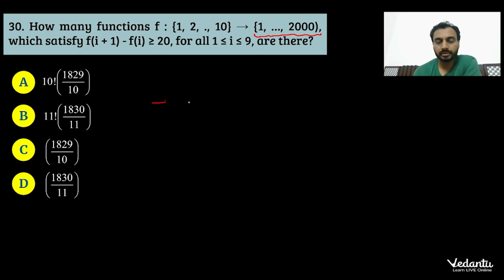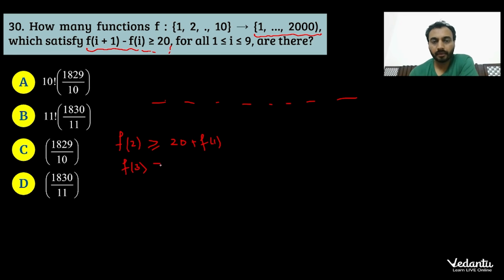If we say we have 2000 places corresponding to these 2000 numbers, now from these we have to pick 10 numbers under the condition that f(i+1) minus f(i) is greater than or equal to 20. So I can say that f2 is greater than or equal to 20 plus f1, and f3 is greater than or equal to 20 plus f2, and so on, right?